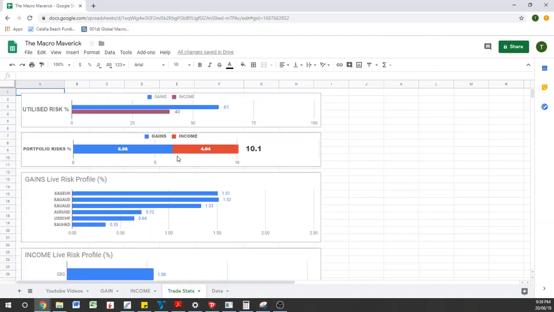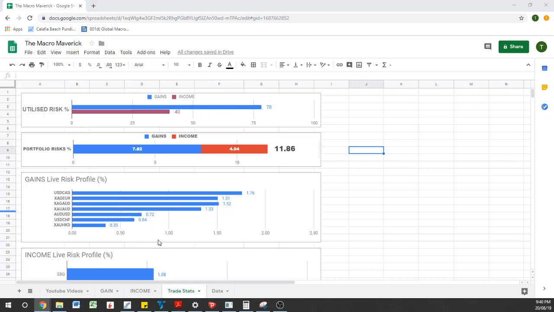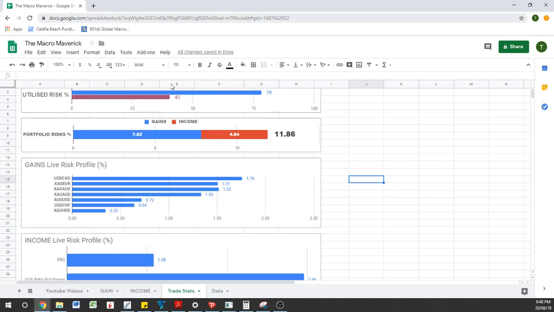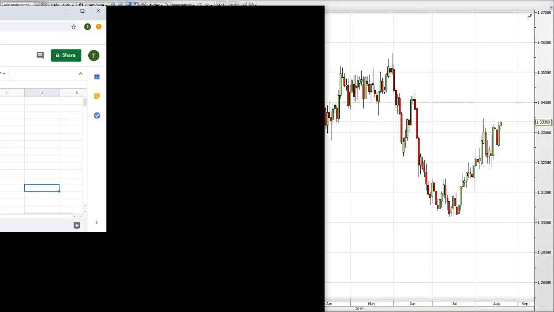Without the US dollar Canadian on, I've got about 10.1% there. Putting on the trade will bring that up to 11.86%, utilizing about 80% of my portfolio. I think this is a pretty good trade in that sense.